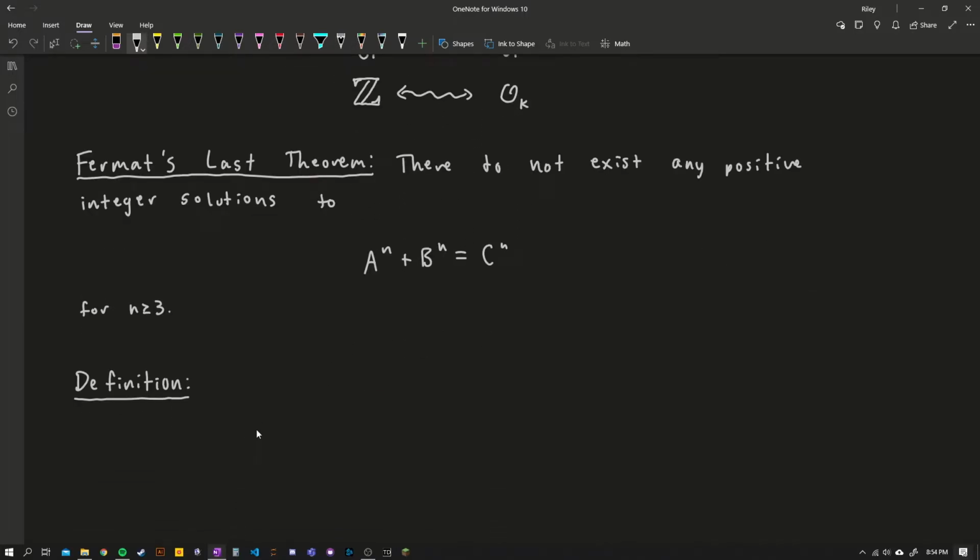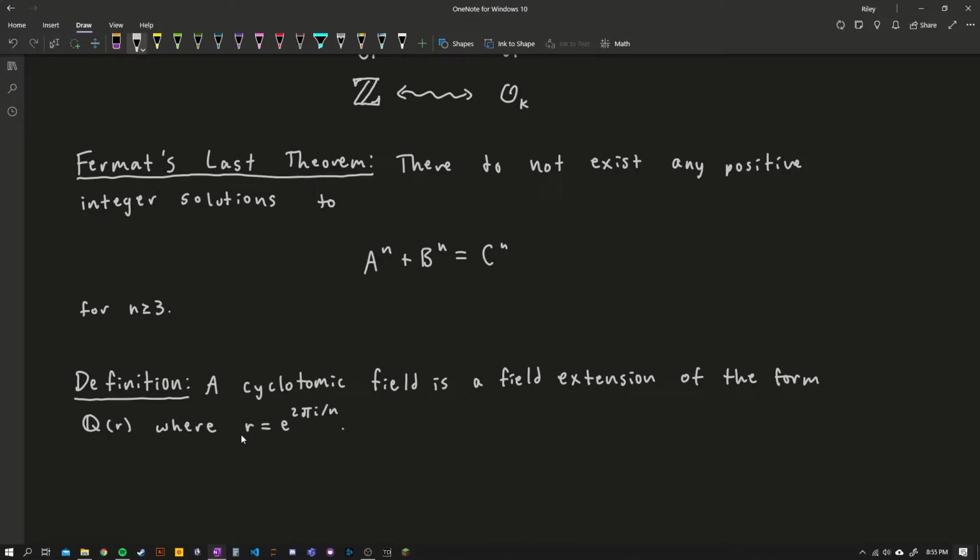Alright, so a cyclotomic field is a field extension of the form Q adjoin r. And here, this r is an nth root of unity, which means that r is equal to e to the 2 pi i divided by n.